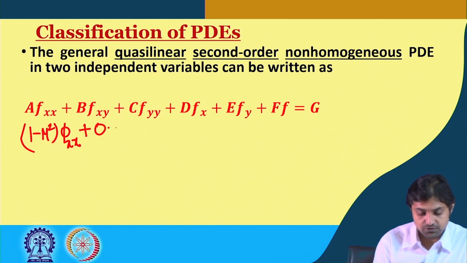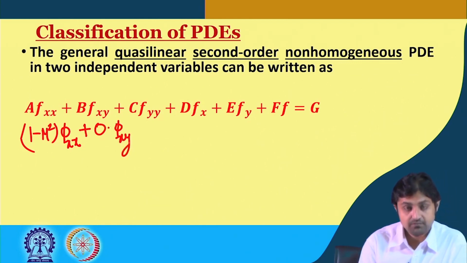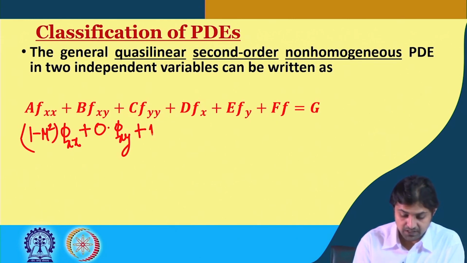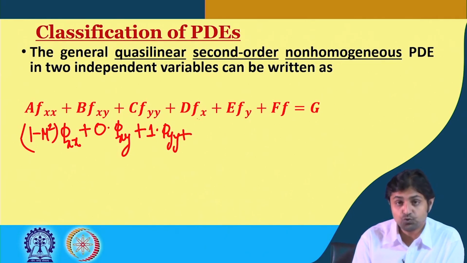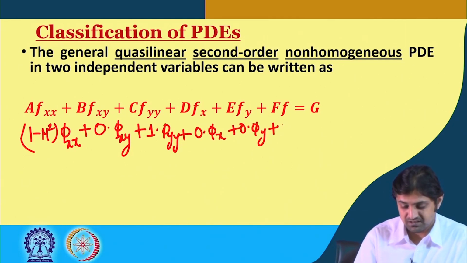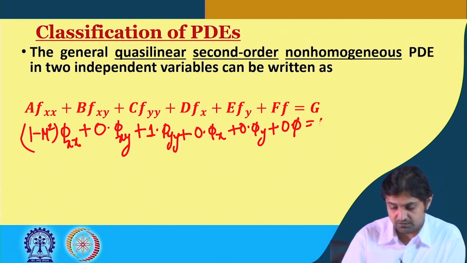So, 0 into phi xy plus c is 1 into phi yy we have, plus there is no phi x. So, we just write 0 into phi x plus 0 into phi y plus 0 into phi is equal to 0.